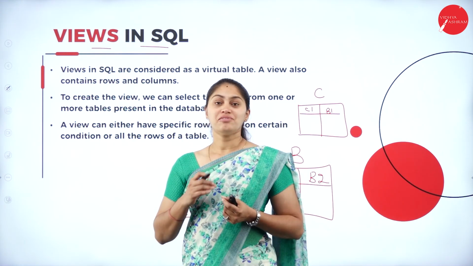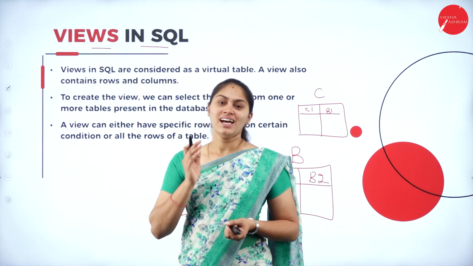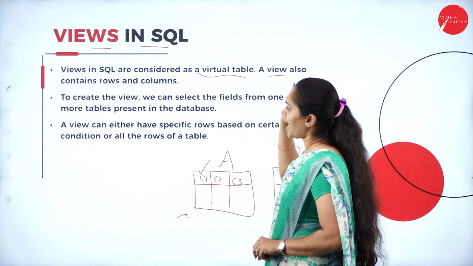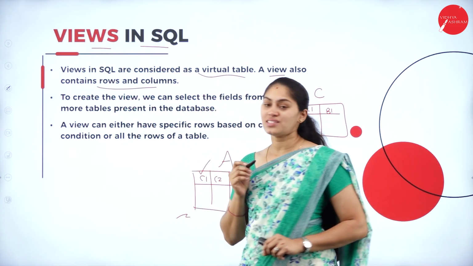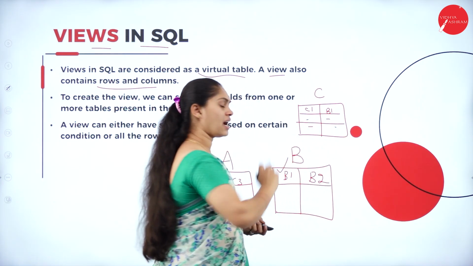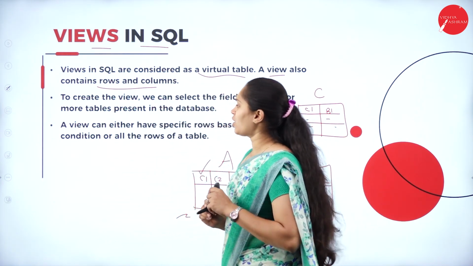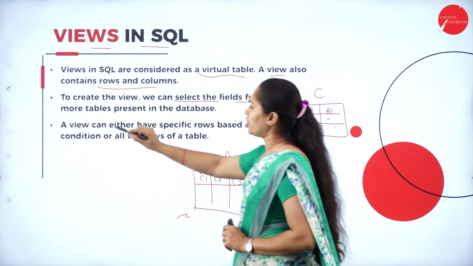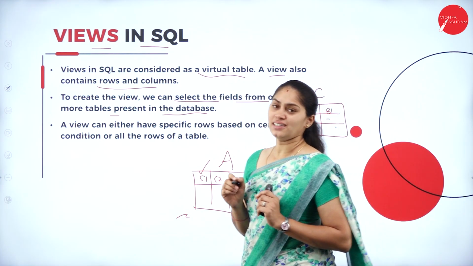As the name indicates, a view is not a physical table, it's a virtual table. So it's considered a virtual table, and a view can also contain rows and columns. If you are creating a table, obviously it must have rows as well as columns. And in order to create a view, we can select the fields from one or more tables present in the database.